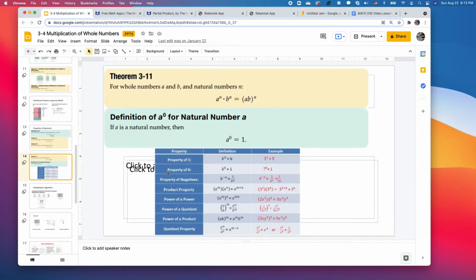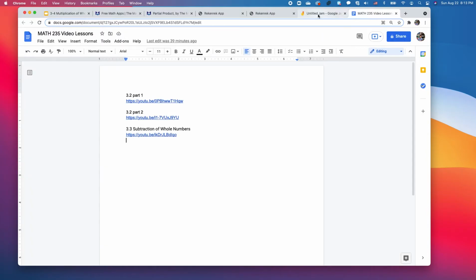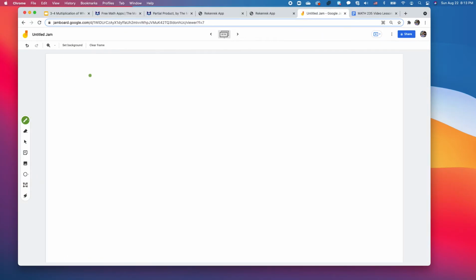There are a lot of different properties too, so you need to know b to the 1st power. Oh, that's supposed to be 1, the property of 1: b to the 1st power is b. I will give you a weird example.